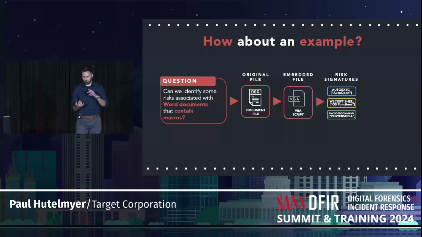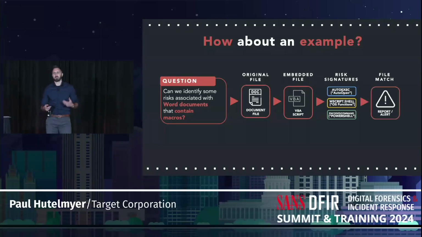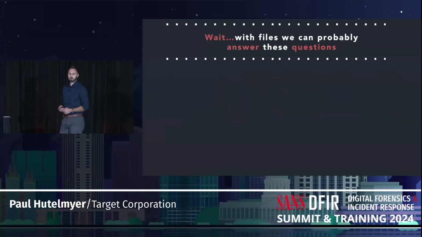If the script auto runs when you open the document, if there's operating system references in there, if there's encoded commands like PowerShell. None of these are bad by themselves, but you group them together, they start to make a pattern. You might be able to create detection off of risk signatures or just concepts.